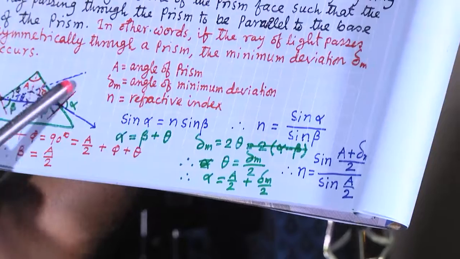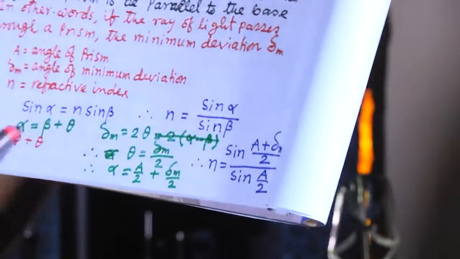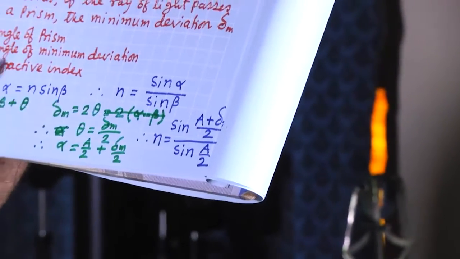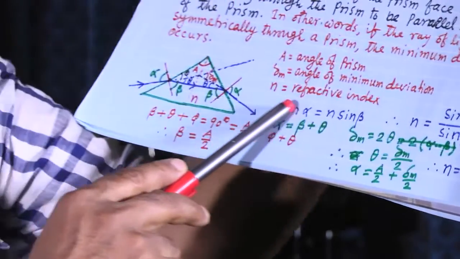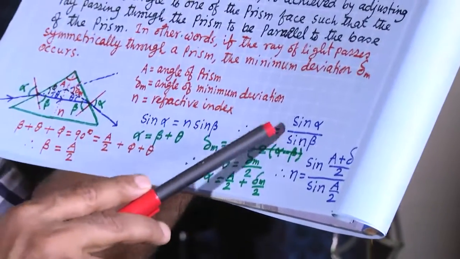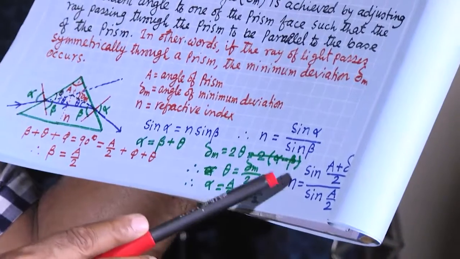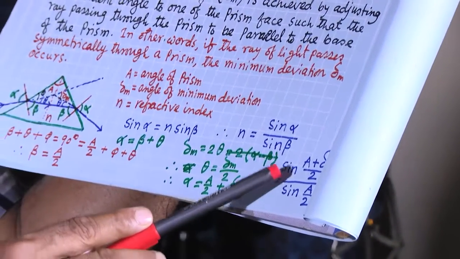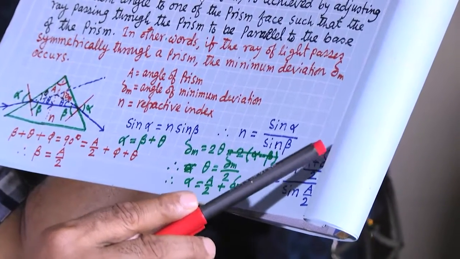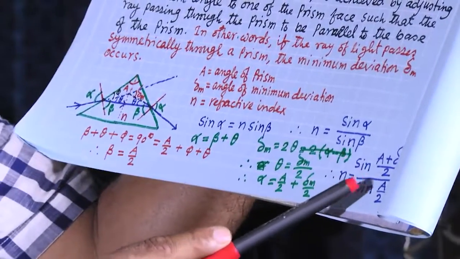From simple geometry one can show this relation. And according to Snell's law, the refractive index n equals sine of (A plus delta m) by 2 divided by sine A by 2.